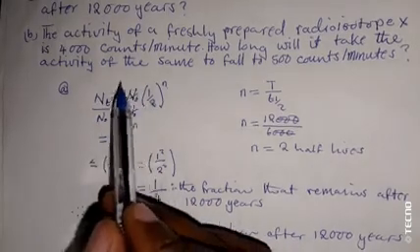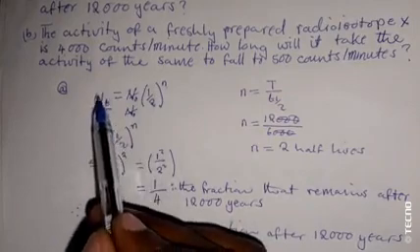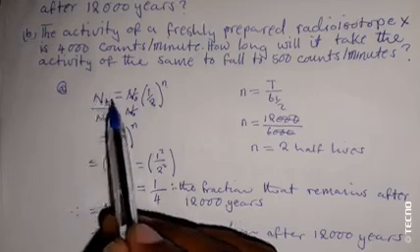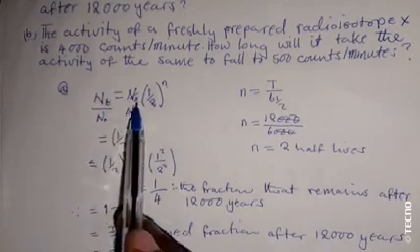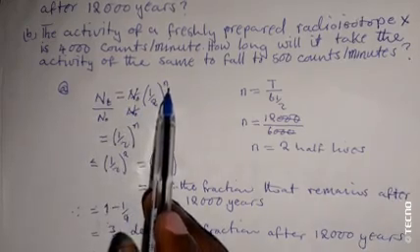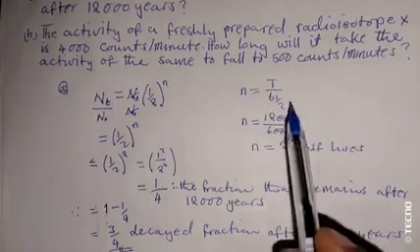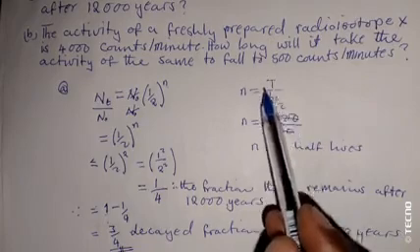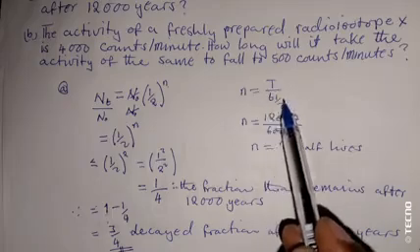Remember, I gave this formula where Nt represents the amount that remains, the remaining amount, and N0 represents the initial, where n represents the number of half-lives. What they want is how long, the total time here, and this is the half-life. So the half-life, we know it is what?